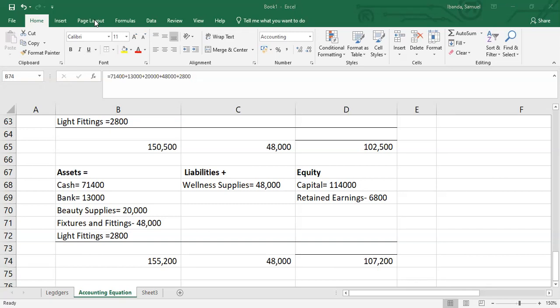Remember, I just wanted to go through this for you to understand double entry much more. Electricity: paid monthly electricity and gas worth 1680. Electricity and gas are expenses, and those are supposed to be debited in the respective account.